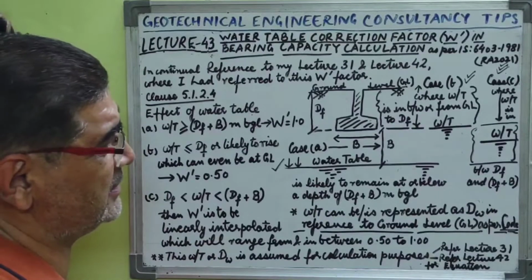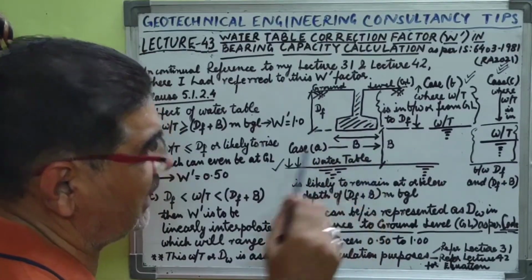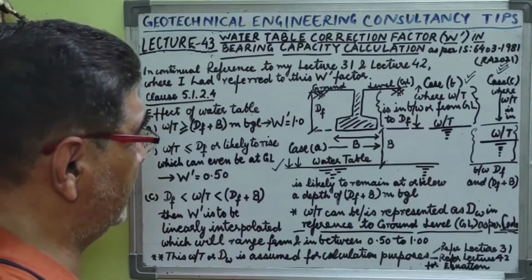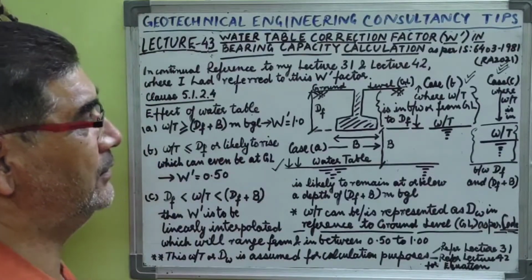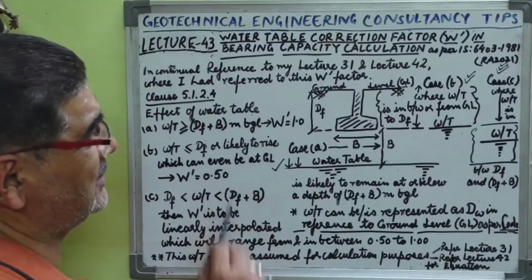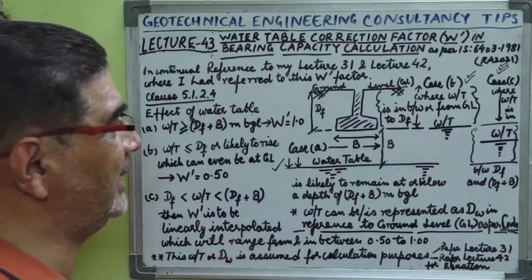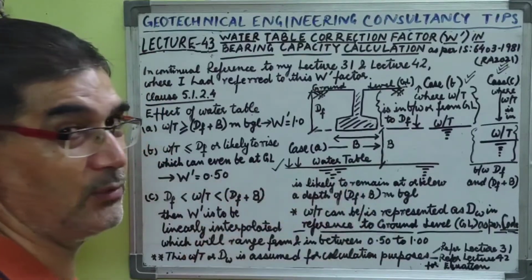What I wish to say is, if we have encountered the water table at the site, I have discussed in my lecture 31 that there are certain things on the basis of which we decide the water table factor to be taken into account in our calculation.